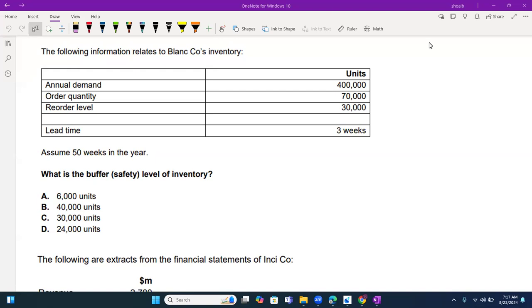So we need to remember the formula of safety stock. If you're able to recall the formula, then it is okay.